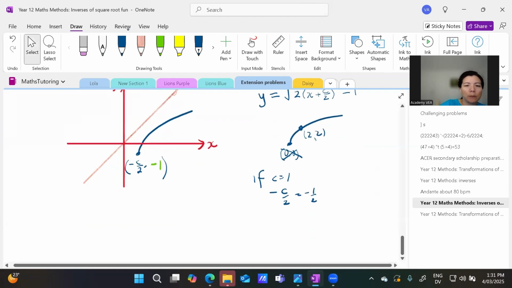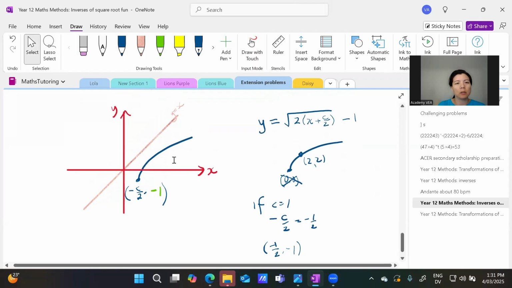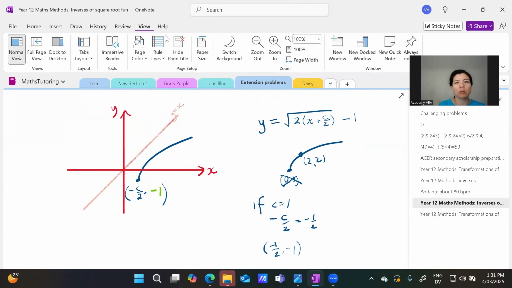And so your starting point is negative a half, negative 1. And so if I graph that on here, I need a grid. Let me turn on the grid.